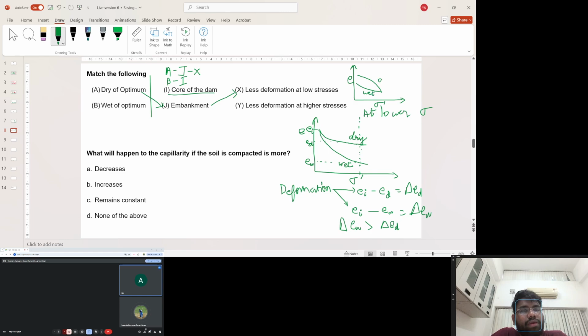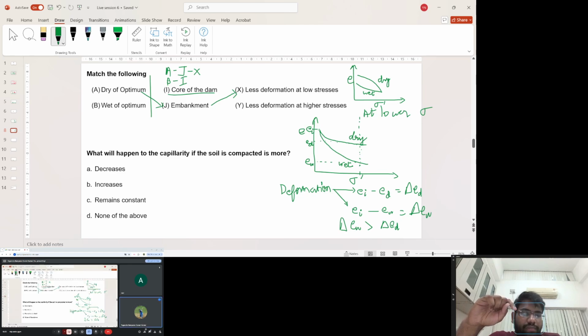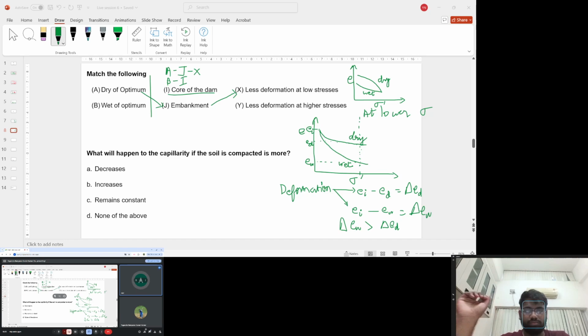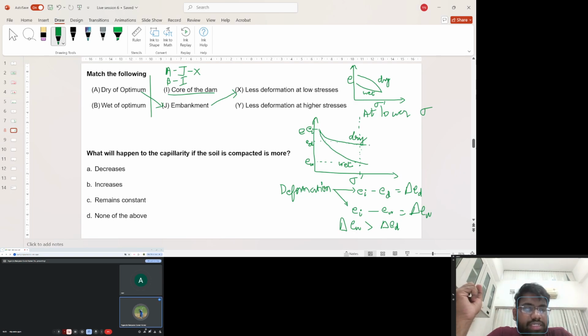Now, if we consider this slope, there is a reason why here both the values start from a single value, and here they do not. Have you any idea why? No, sir. No idea. So let me extend this.